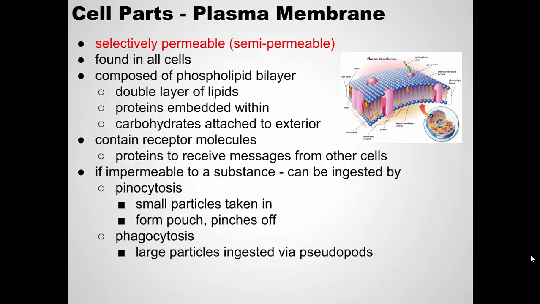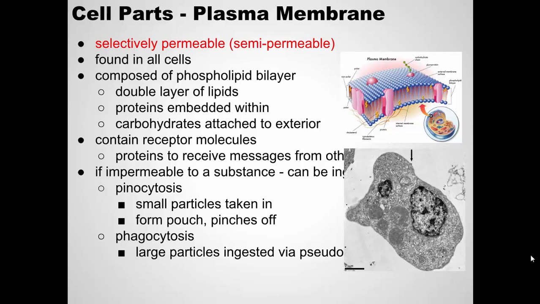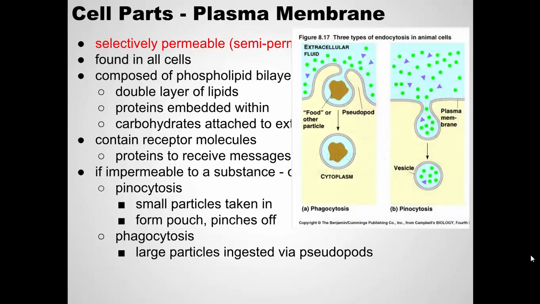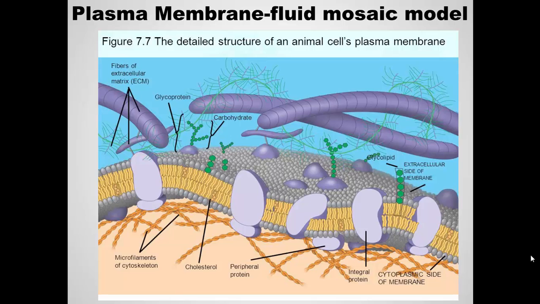And the structure of the cell membrane is a phospholipid bilayer. Let me just move ahead for a second to show you. So phospholipid bilayer. What do you think the phospho part means? Phosphorus. And lipid? Fat.